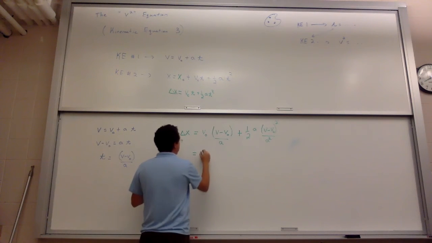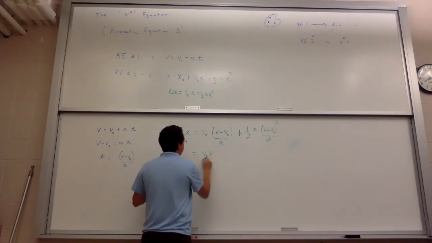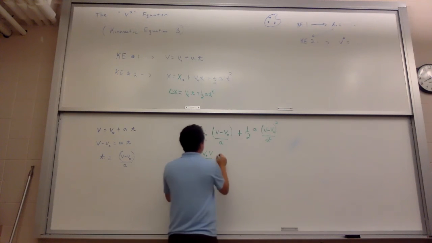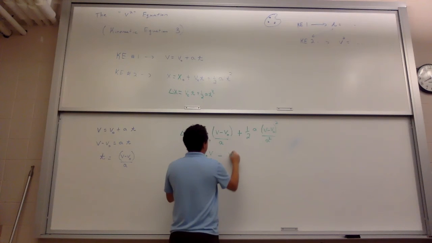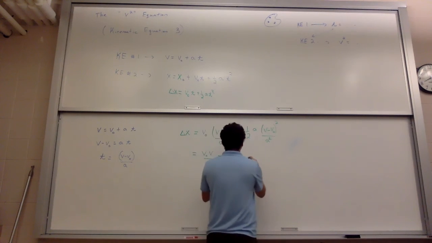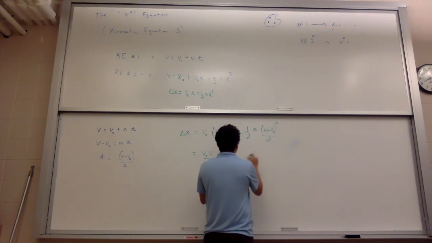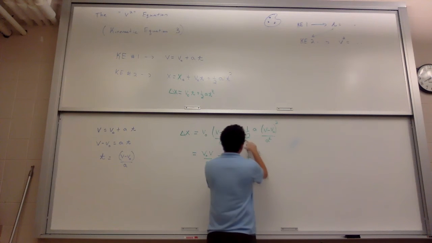So this is going to be V initial times V divided by A minus V initial squared divided by A. And I know what you're thinking. You're saying, Sean, you promised it's going to get better. And it will, a little bit, within reason. 1/2 over 2.